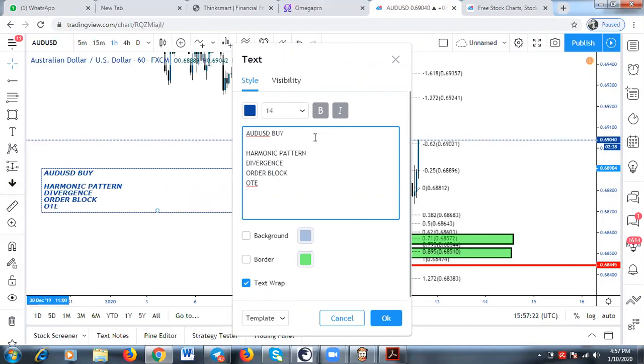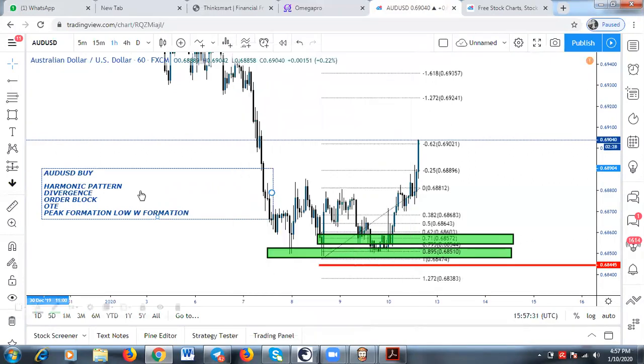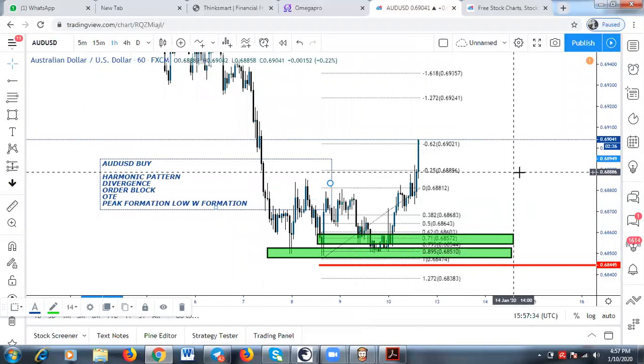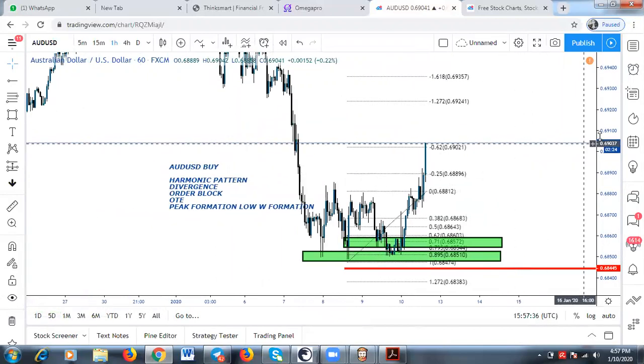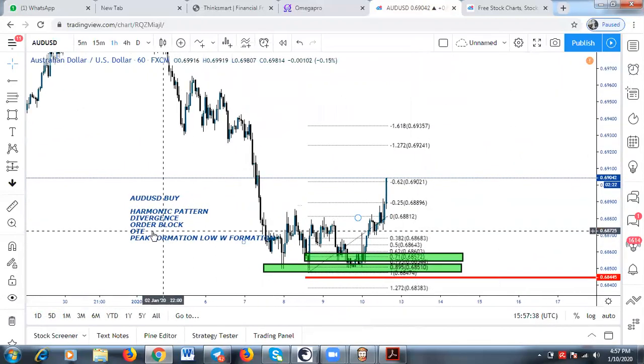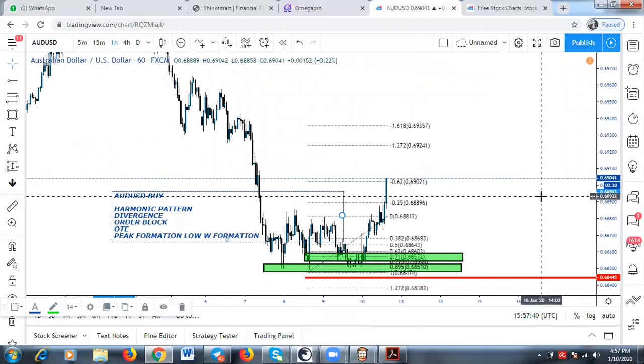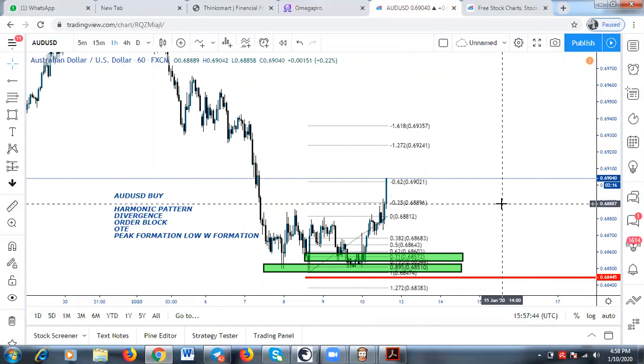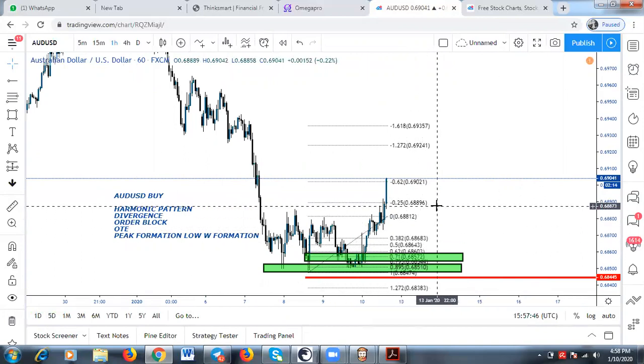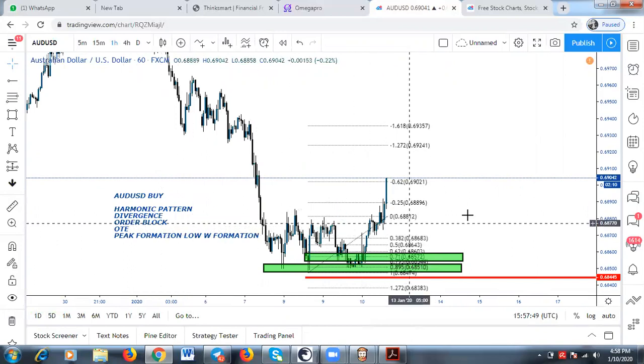Then we have peak formation low, W formation, and that is just good enough confirmation to take this trade. So now this is the AUD USD buy confirmation. This was a perfect trade. Although I think we called the buy yesterday, we had an extra confirmation now.